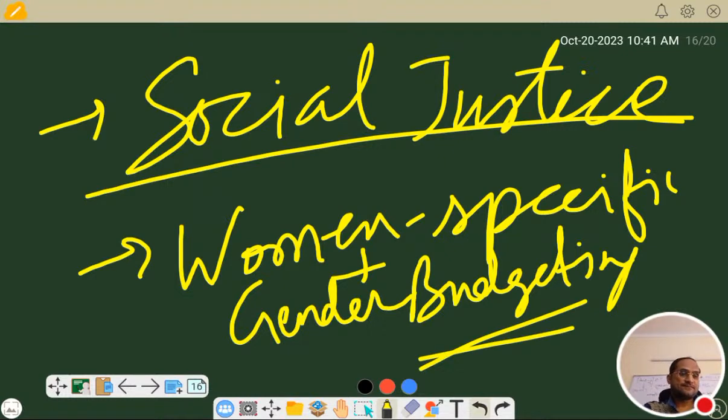Gender budgeting. Within the budget itself, a part is dedicated for the upliftment, growth of women. Adversities were there, that was converted into opportunity.